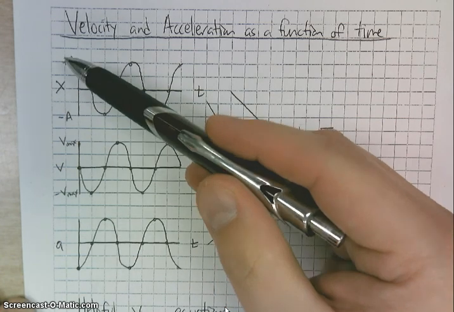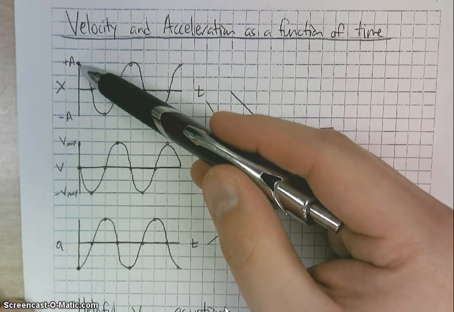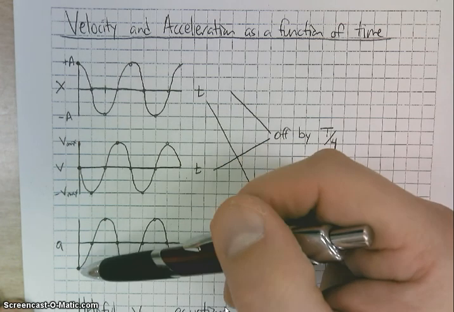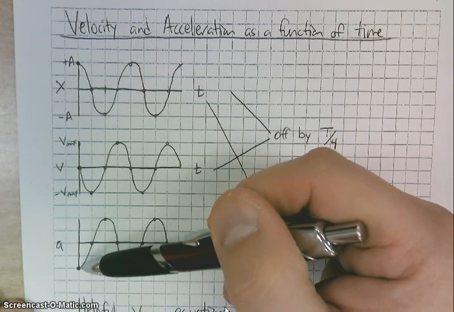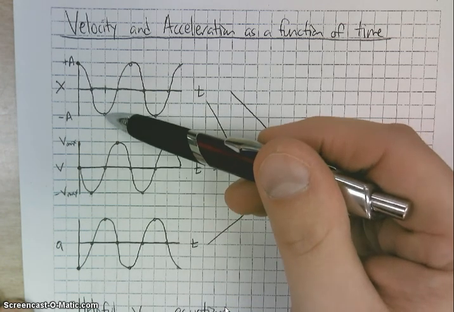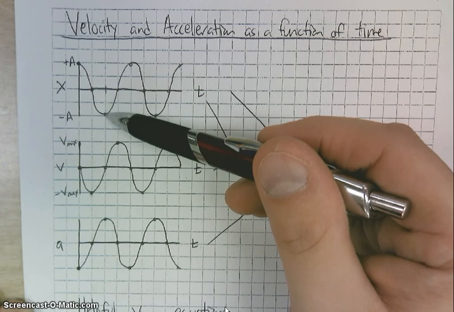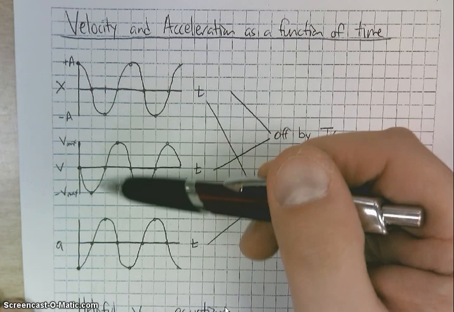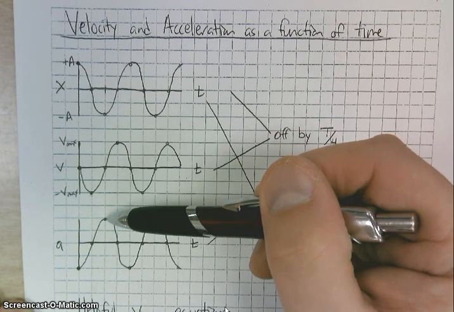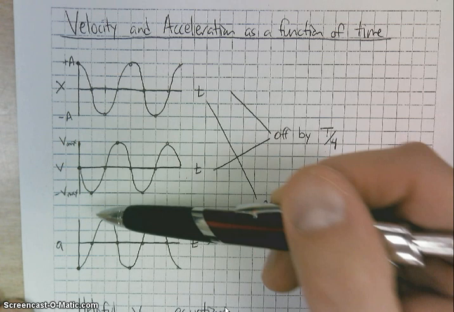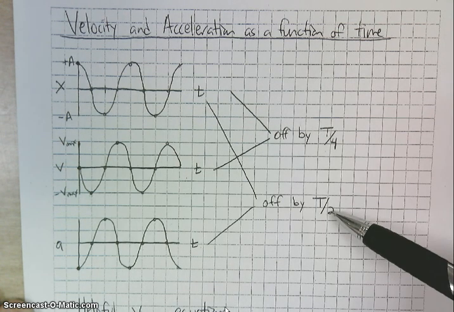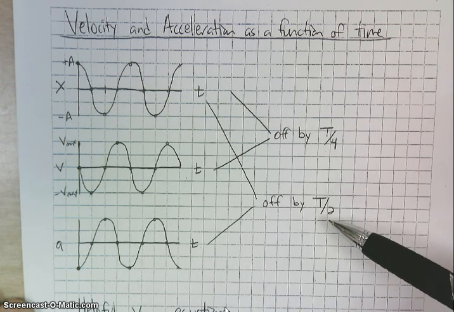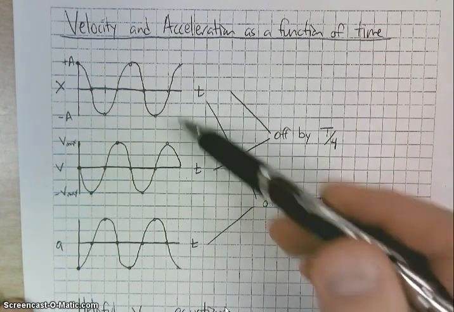When position is at its maximum positive position, acceleration is at its maximum negative value. When position is at its maximum negative position, acceleration is at its maximum positive value. So they're off by half a period. They're exactly half a period off of each other. So that's how these things are related.